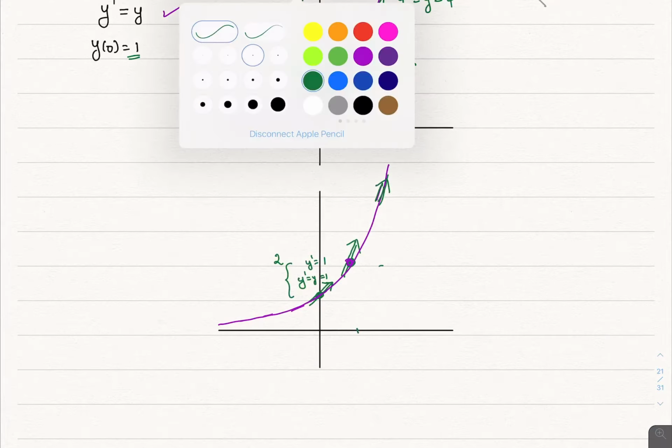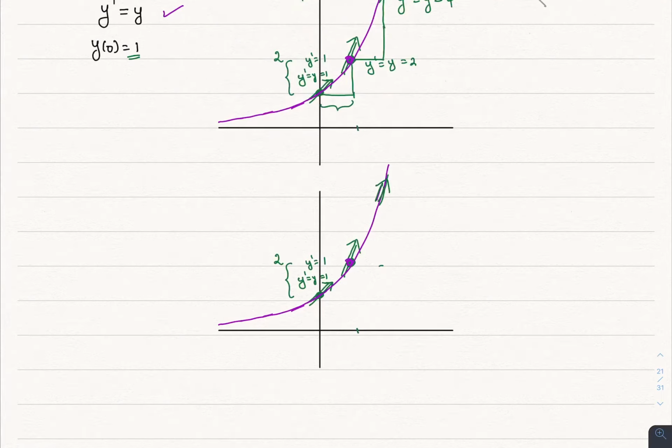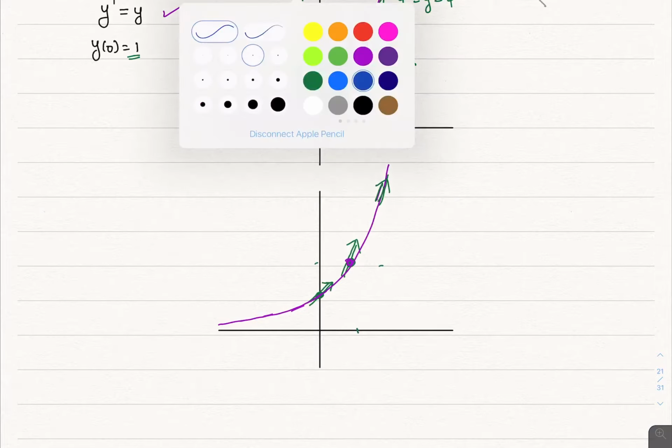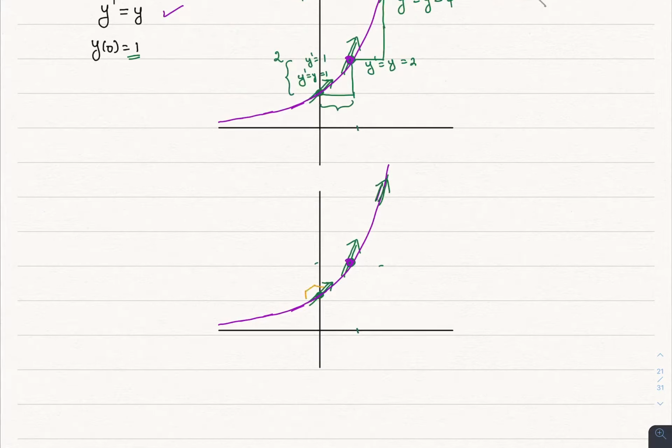So if this was a car, they were starting here.